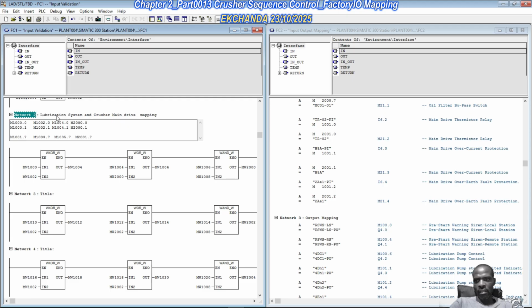Whatever addresses are in this are associated with this function, and then this one will be hydroset mapping.